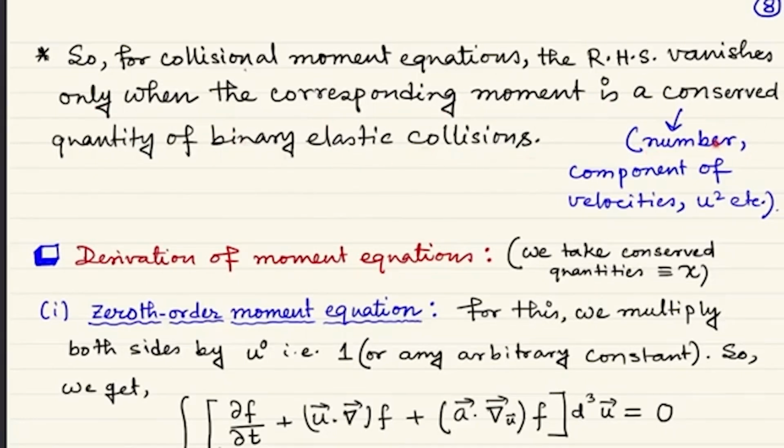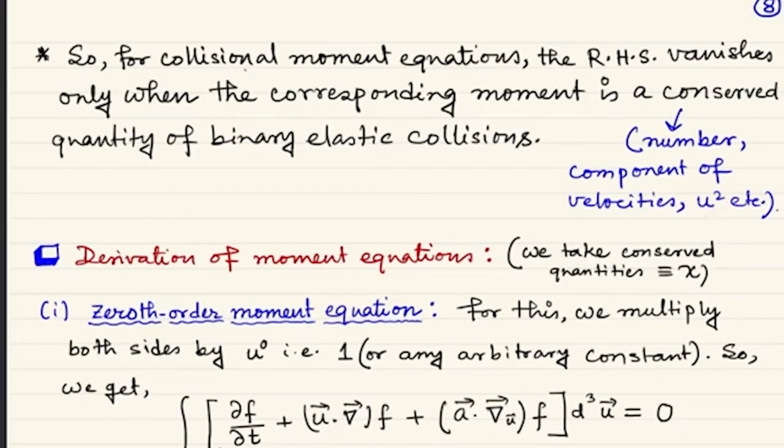For example, number, which is nothing but the velocity to the power 0, component of velocity, which is nothing but a corollary of the conservation of momentum components. Here this is just the component of velocity, because in the microscopic case all the gas molecules have the same mass. Then u square, this is also another thing which is coming from the kinetic energy conservation.